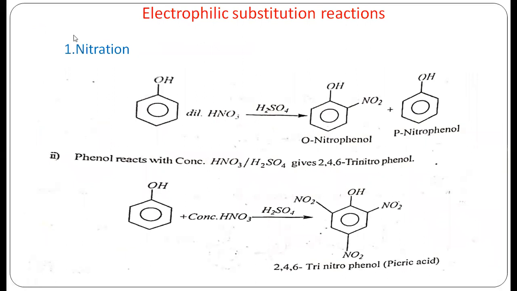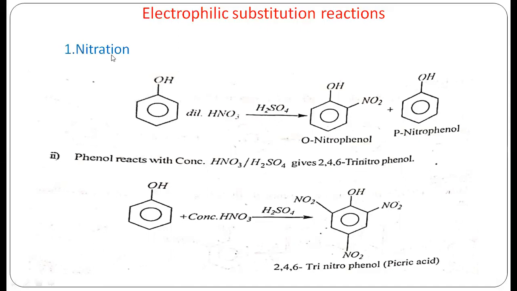Next, as we all know, in phenols the OH group is an electron donating group. So in the presence of this group, more electron density is present at the ortho position as well as the para position. Hence, any electrophile is able to attack at the ortho position as well as the para position.